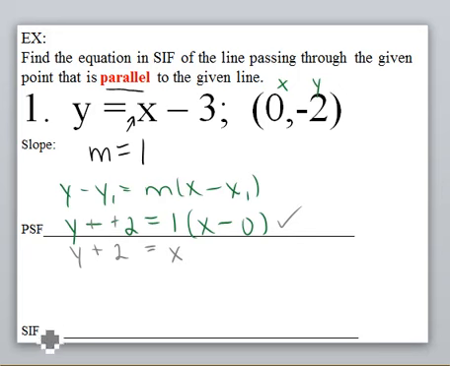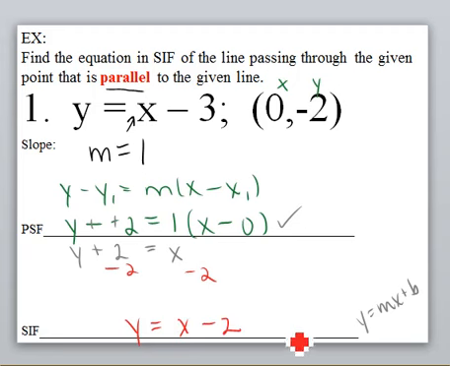But we want to do this so that we can put it in slope-intercept form, which is y equals mx plus b form. So the last thing I have to do is just subtract the 2 from both sides. So I end up getting y equals x minus 2. If you really understood what this point meant, you would have known that it was the y-intercept to start with. So you could have jumped to this answer right away.